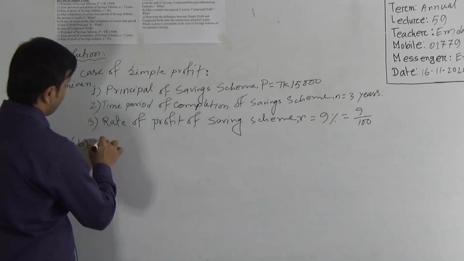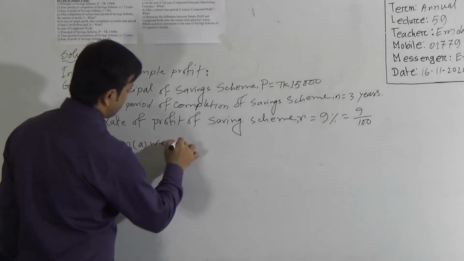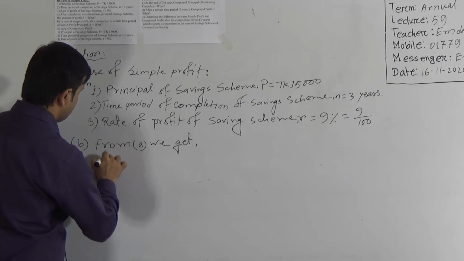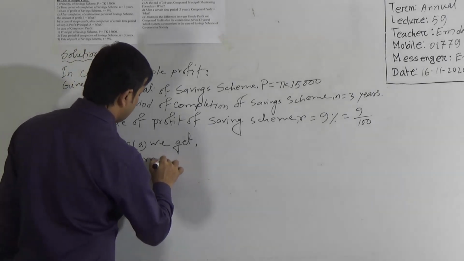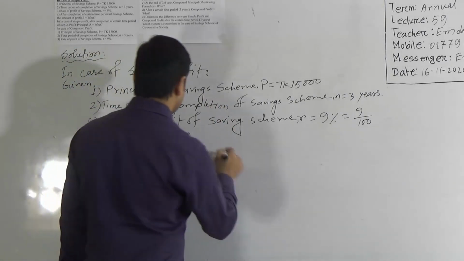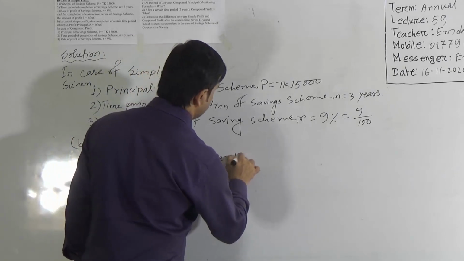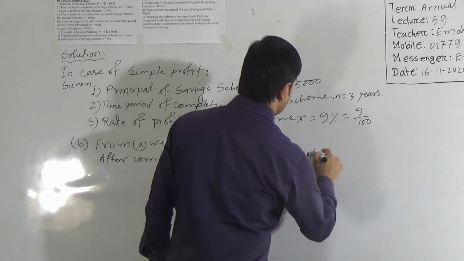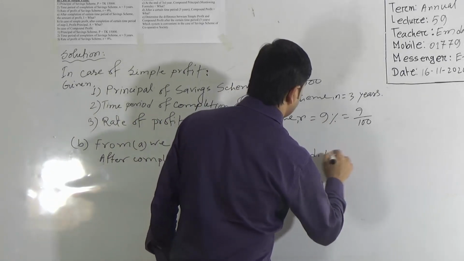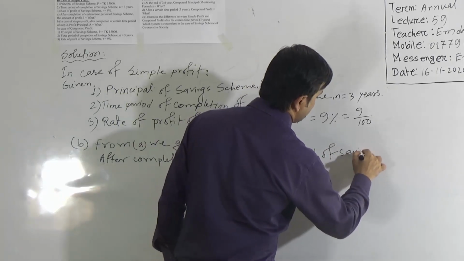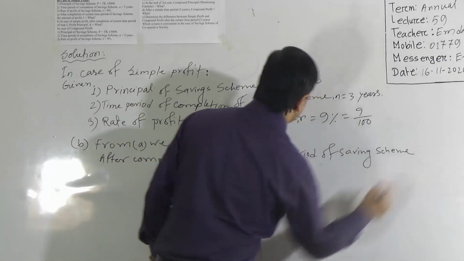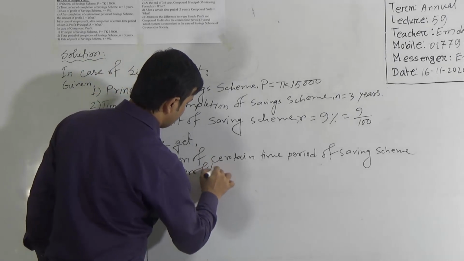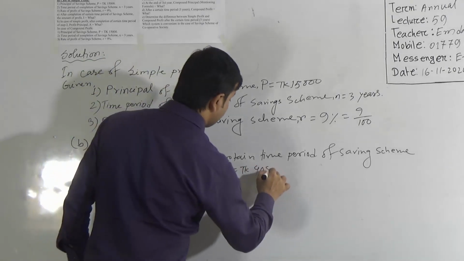To solve B, we can write here B. From A we get after completion of certain time period of savings scheme, the amount of profit I equal to taka 4050.